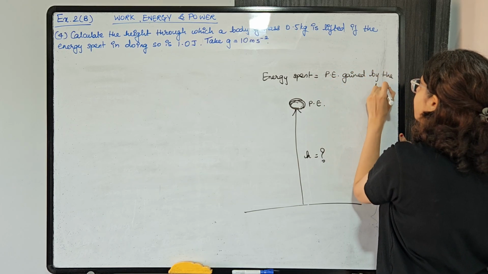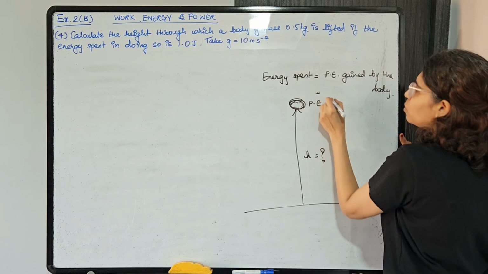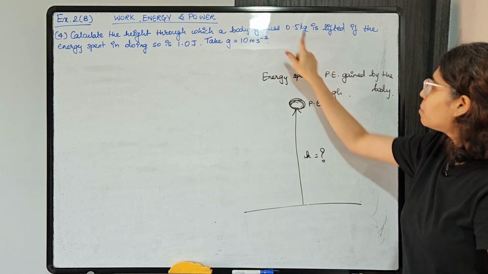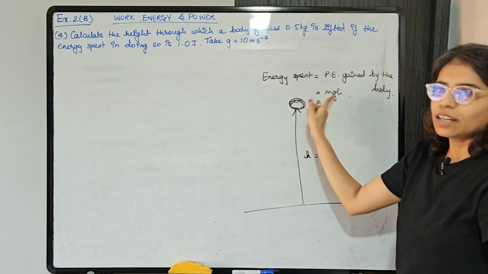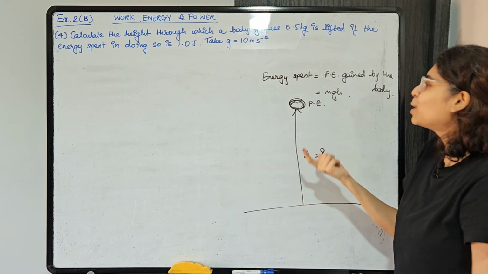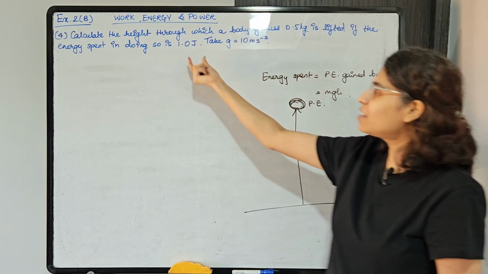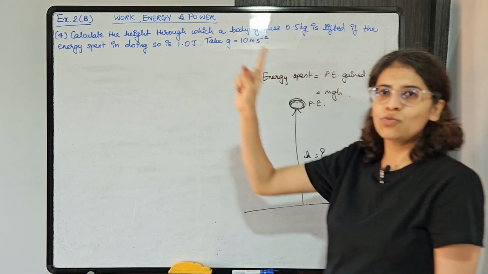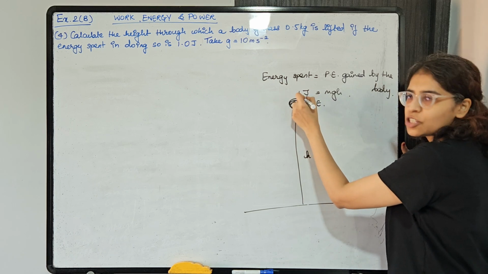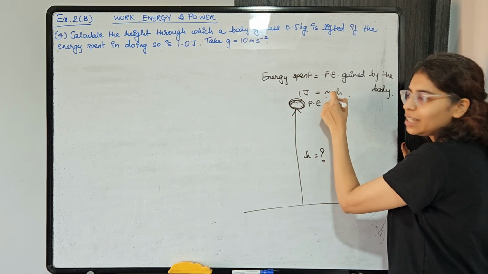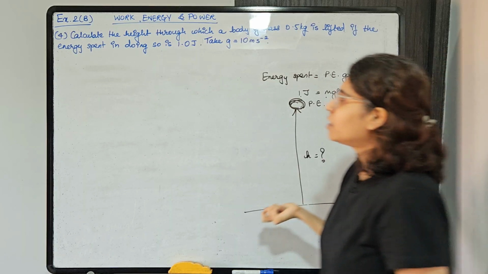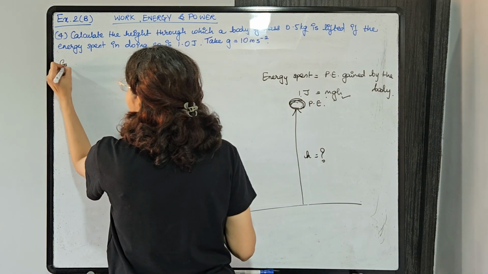Okay, potential energy will be mgh. We are given the mass of the body, g is given, and h we have to find. Why? Because energy is given here: energy spent is 1 joule. 1.0 means 1 joule. So we know energy, we know m, we know g. We can easily find h. So first write down the given.